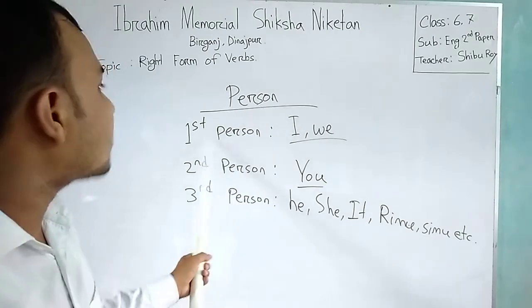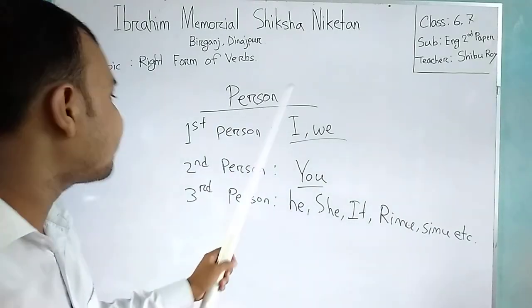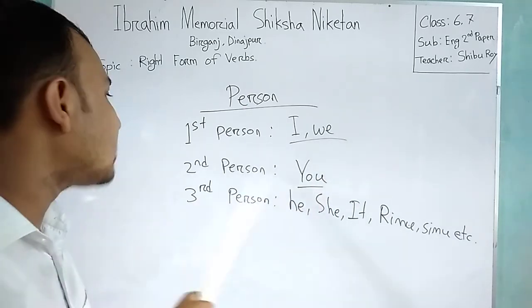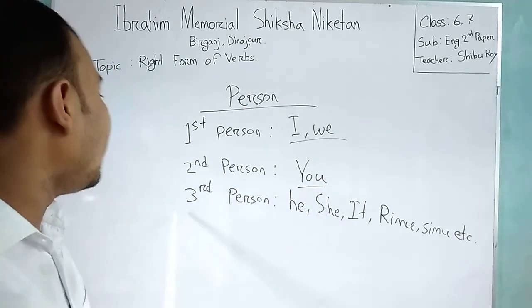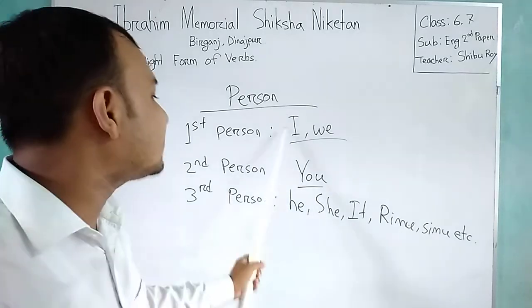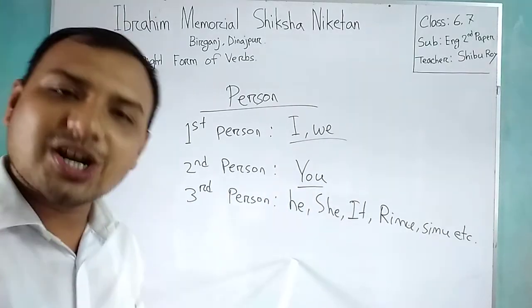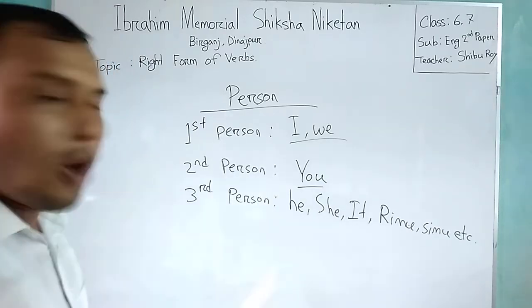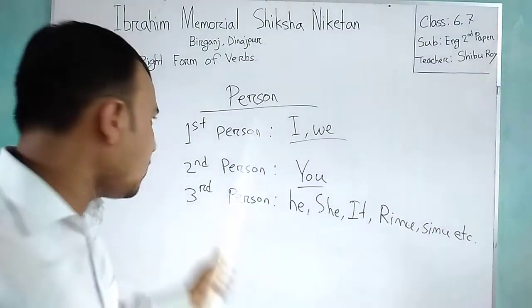So we find person is of three kinds. First persons are I and we. Second person is you, and the third person is all subjects except those three. You understand it? Hope you note it down in your exercise book.